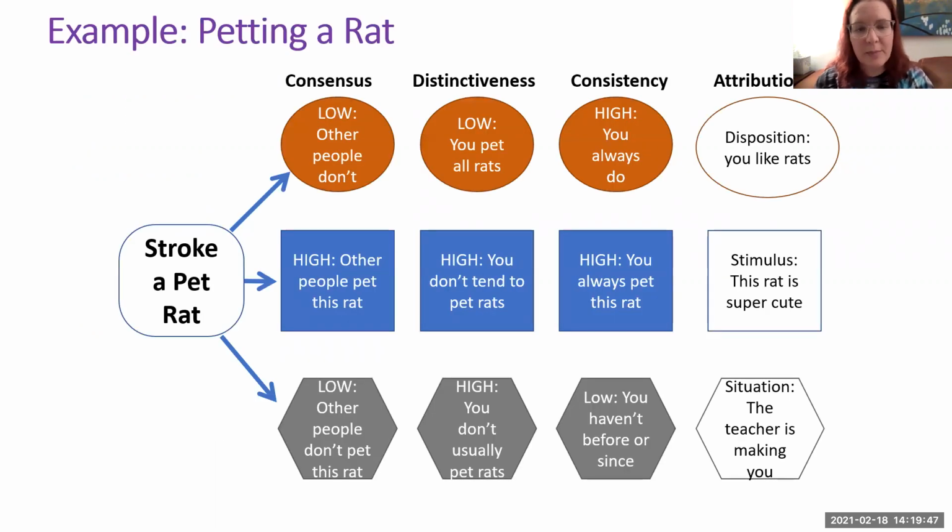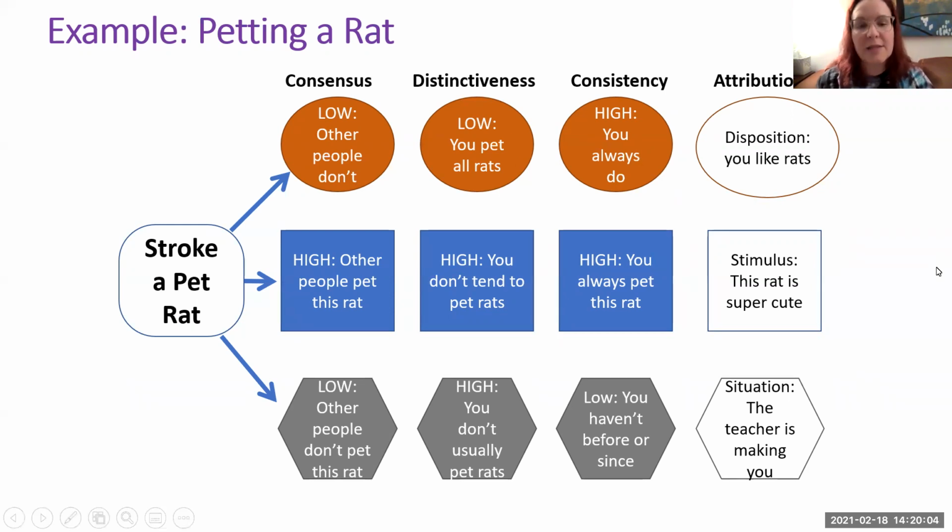So here's an example of how you might evaluate petting a rat as a way to illustrate Kelly's covariation cube. So you can go through and look at three possible outcomes.